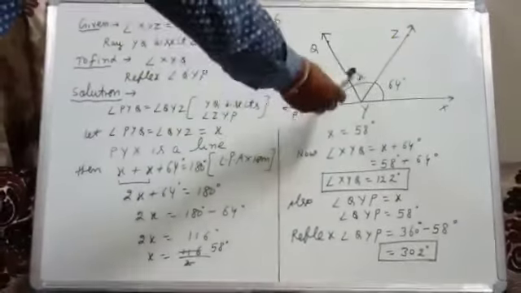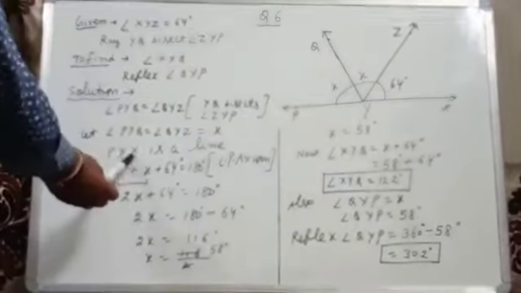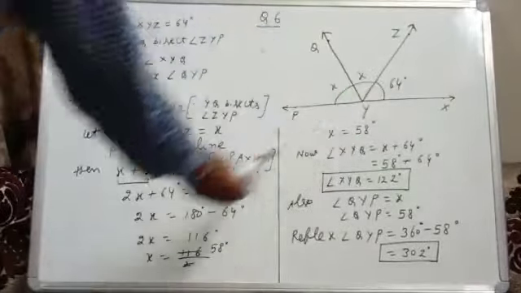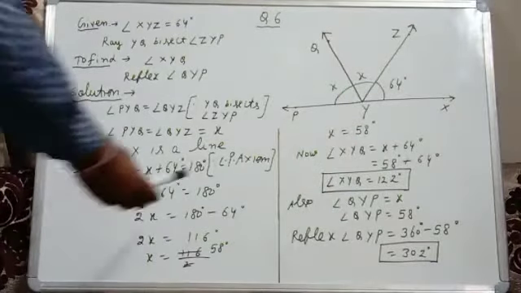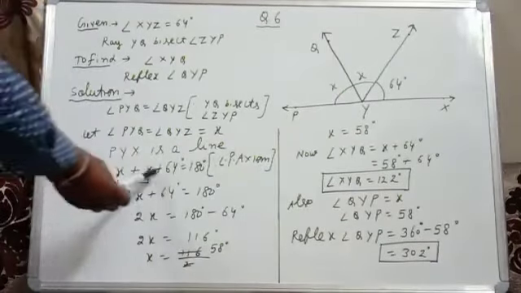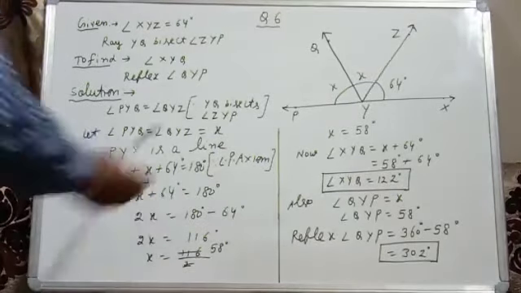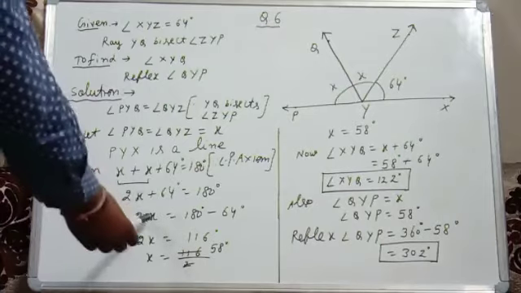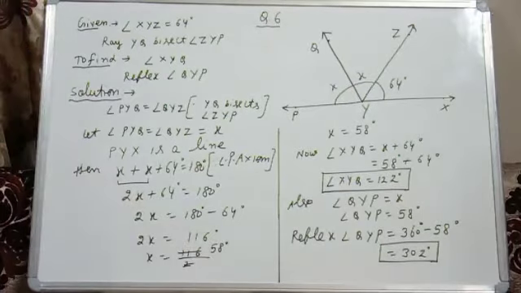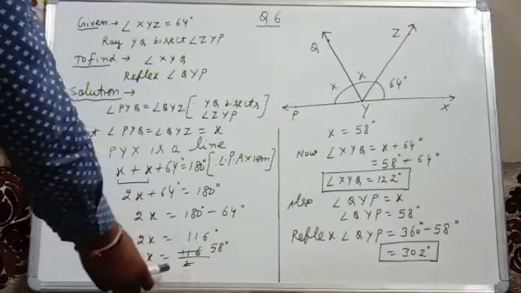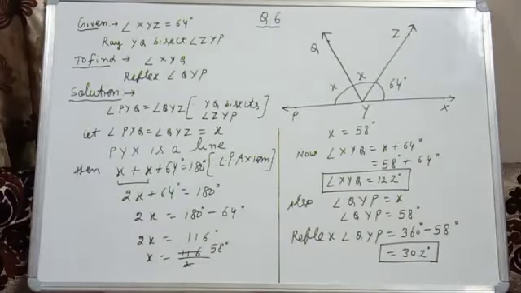So this x, this x. PYX is a line, so x plus x plus 64, their sum will be 180, by the linear pair axiom. So 2x plus 64 equals 180. 64 on this side will become minus. So 2x equals 116. So x will be 116 upon 2, x will be 58.